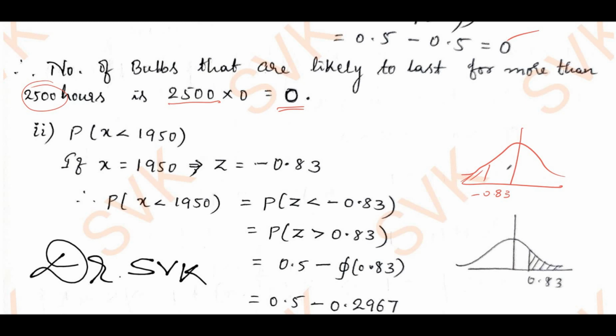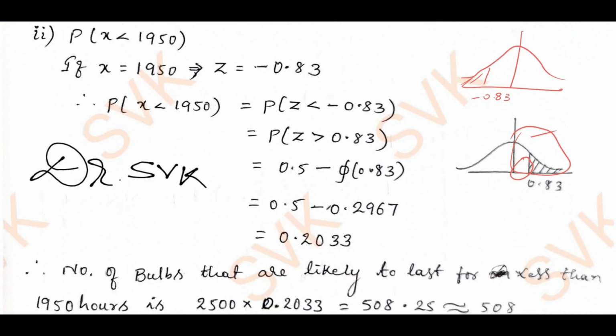As we know, the normal distribution is symmetric over the value mu, so we can take this value and find phi of 0.83. This whole area is 0.5. So 0.5 minus phi of 0.83: subtracting this part, we get the area from 0 to 0.83, which is phi of 0.83.